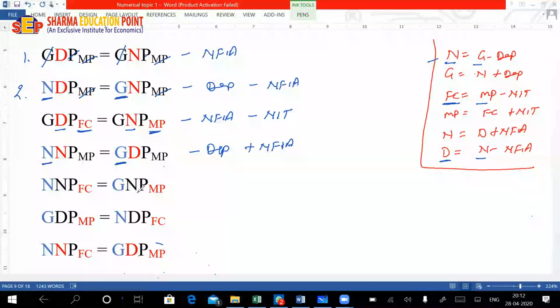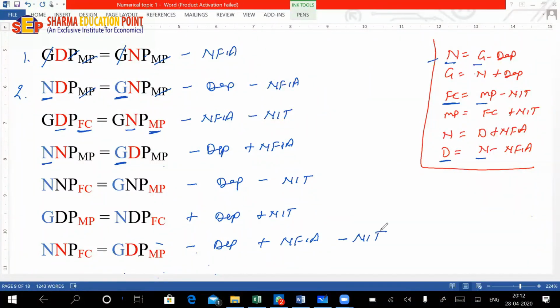Now NG minus depreciation, NN same, P same, FCMP minus NIT. GN, gross net, means plus depreciation, DP same, MP plus NIT. NG minus depreciation, ND plus NFIA, and FCMP minus NIT.